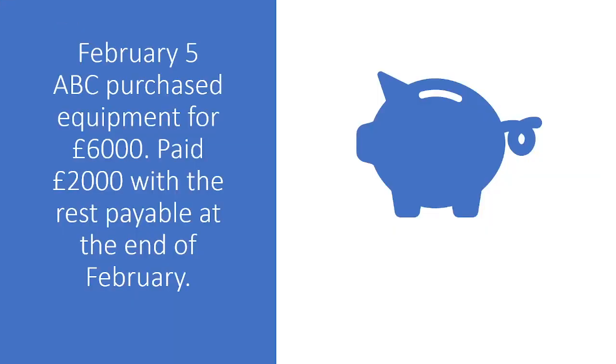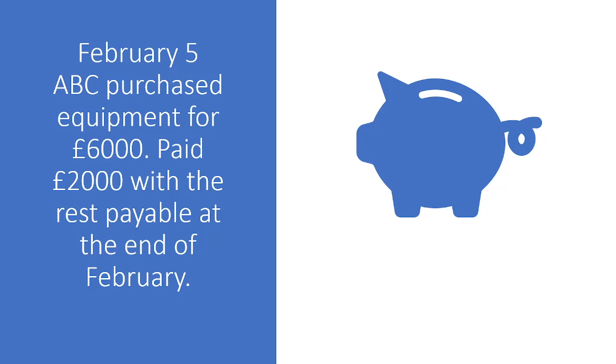So on February the 5th, ABC purchased equipment for £6,000, paid £2,000, with the rest payable at the end of February. Okay, so let's see. So they bought equipment for £6,000. So that means that we will receive equipment of 6,000. So we will debit 6,000 as equipment, but we lost £2,000 because we paid it.